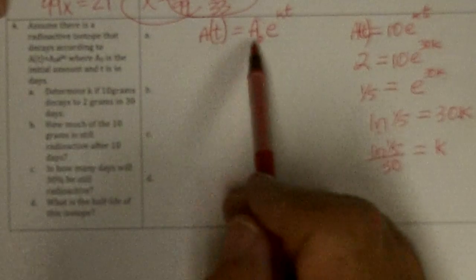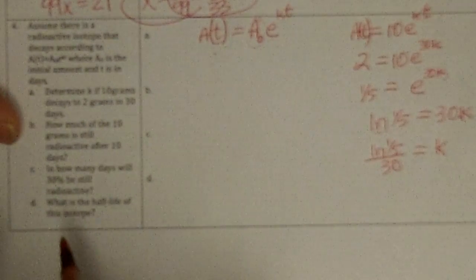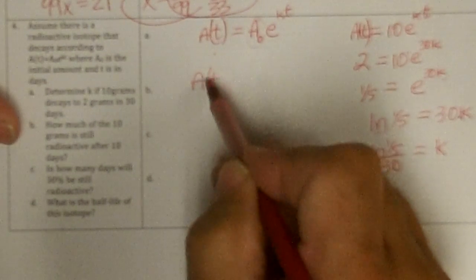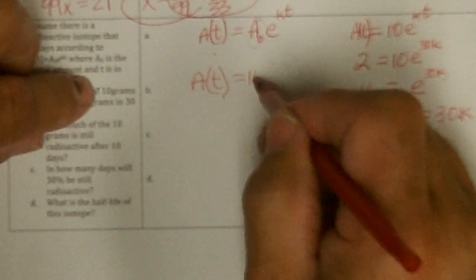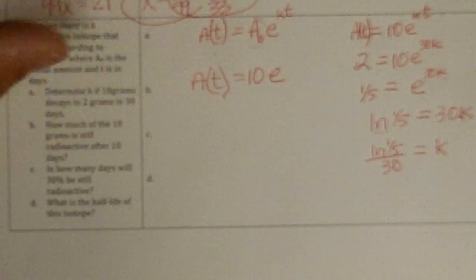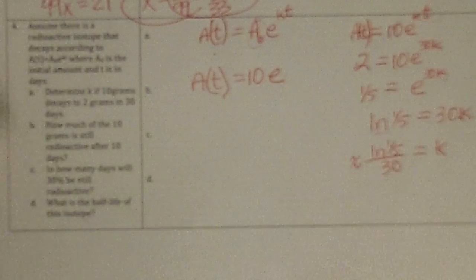So now I know my full equation is the amount that'll be left at some time will be the starting amount, which is 10 grams, e to the K, which is this number. Let's get the decimal approximation of that.